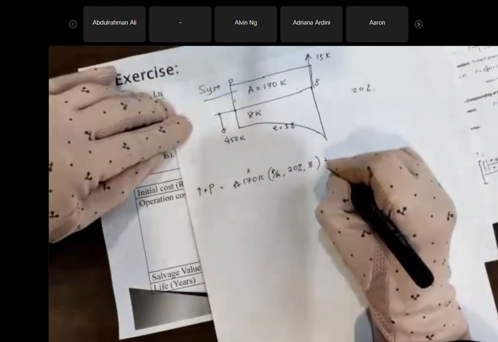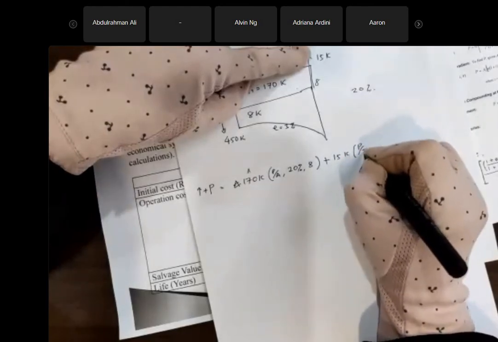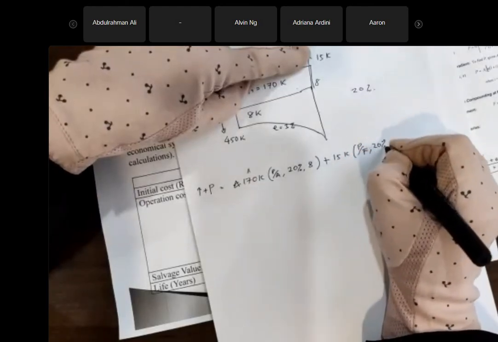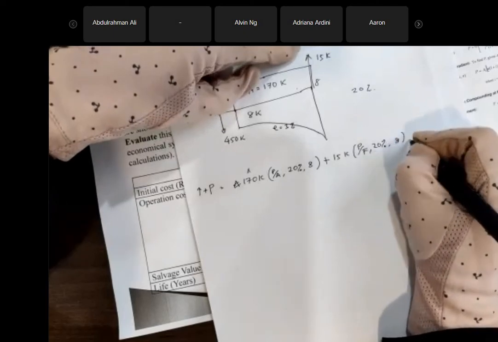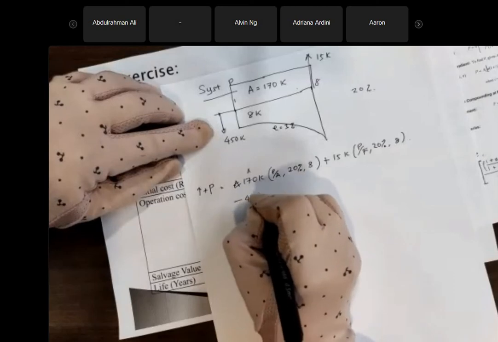Okay, then we have 15K, P over F, 20%, 8. Now go to this, minus 450K.